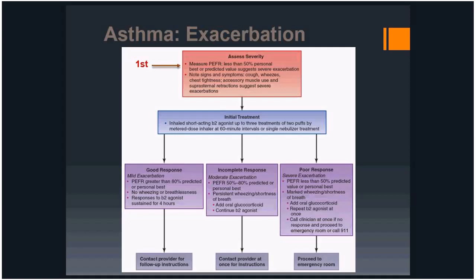This is where they would be doing their peak flow and looking at their symptoms, and you would determine how to manage. This lays out the management options with regards to their initial treatment, which should be a part of their asthma action plan, as well as what to do if they have a good response, an incomplete response, or a poor response.